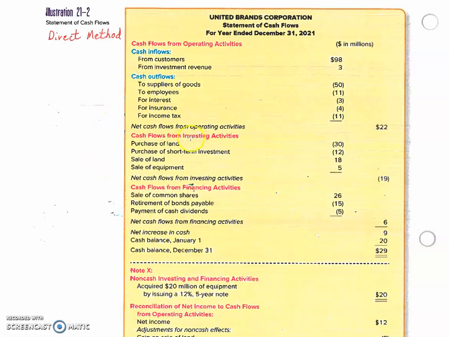Okay, now we get down to investing activities. Again, they center around assets, acquisition of or sale of usually long-term assets. You could have short-term investments involved there as well, but for the most part, long-term assets. So we have things like uses of cash or outflows of cash for the purchase of land, the purchase of investments.